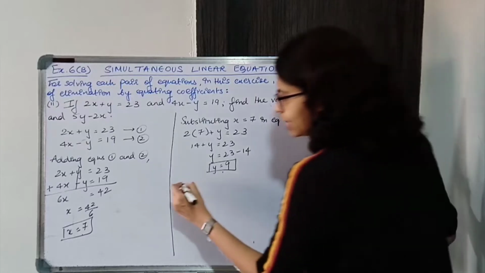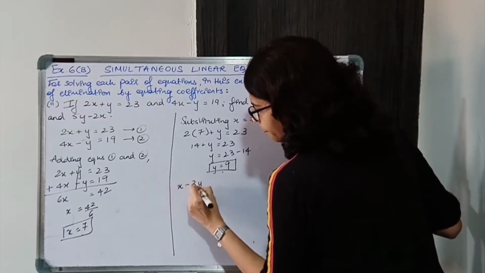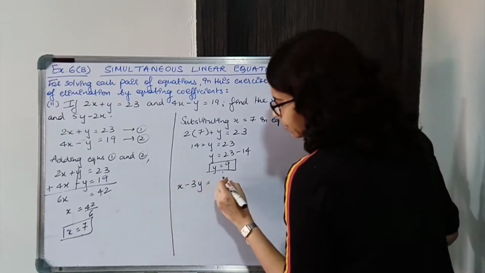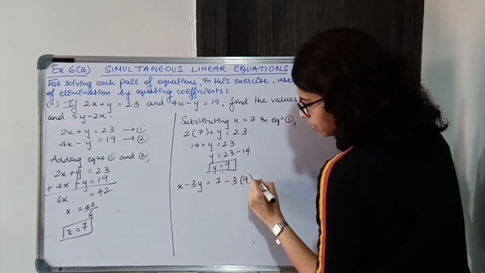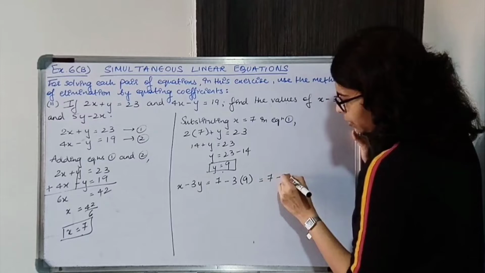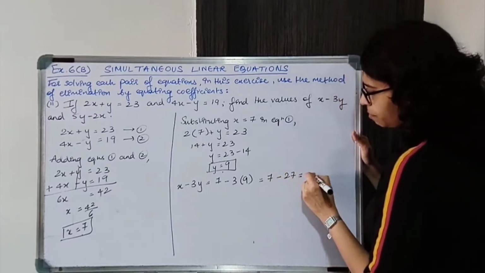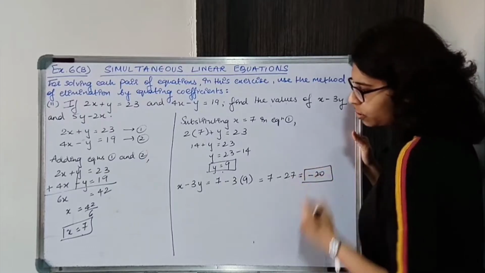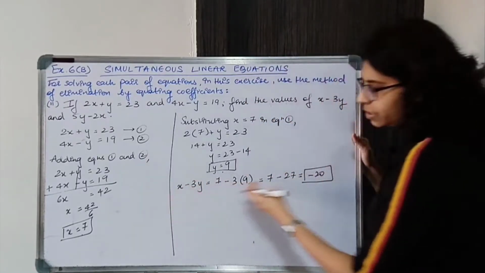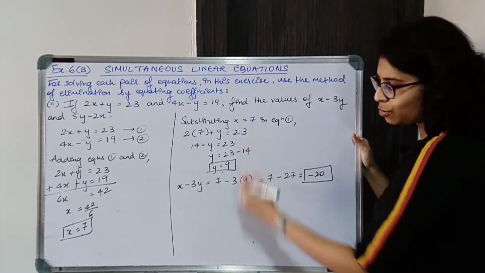So x minus 3y. x is 7 and y is 9. So 7 minus 9 3s are 27. That will give minus 20. Box the answer. I have solved it like this horizontally. You have to solve it vertically.